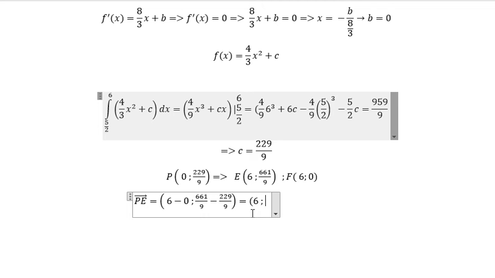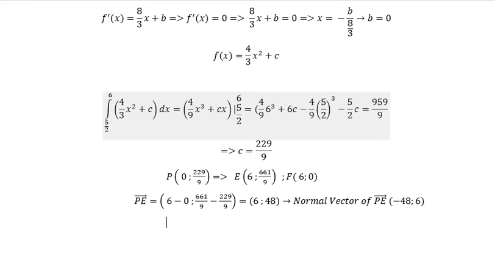We got 48, so we can find the normal vector of PE, which equals negative 48 and 6.